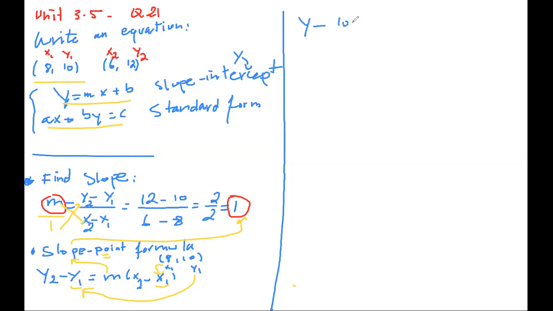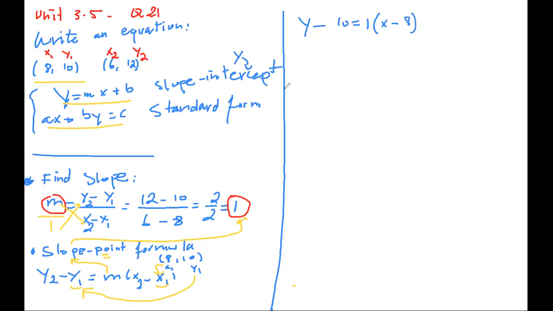Then the equal sign, what's m or the slope? 1. That's right, we found it. 1 parentheses. And do we need to substitute x2? No, we want that for the equation. We're just going to call it x for now, minus x1, which is? 8. Exactly, x1 is 8.